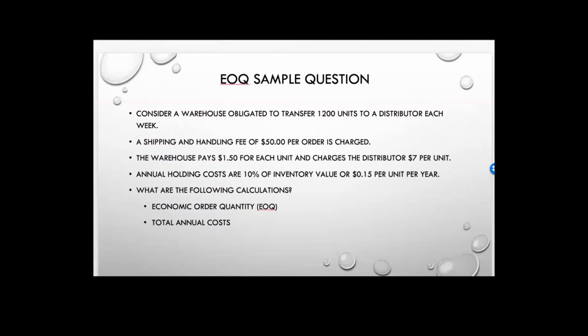The warehouse, which is you, has to pay $1.50 for each unit, and we charge the distributor $7 per unit. Now, the $7 per unit will be used later, just so you know, when we start maximizing our profit.